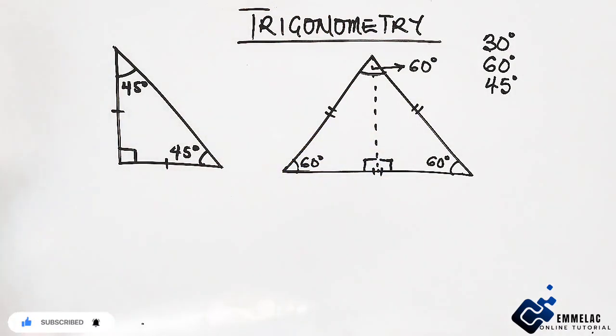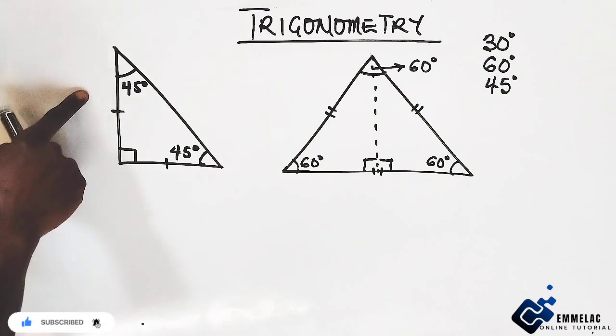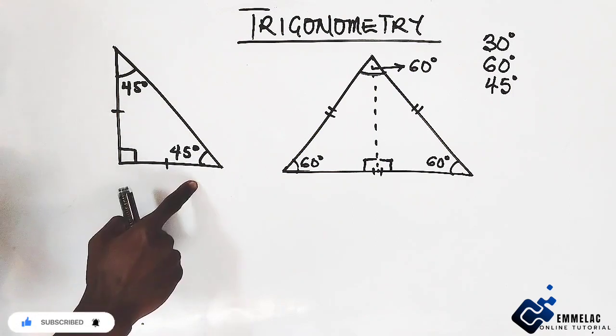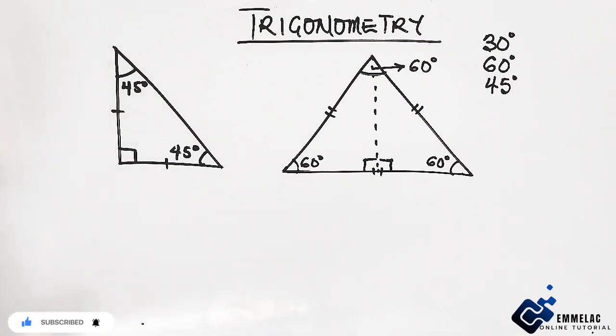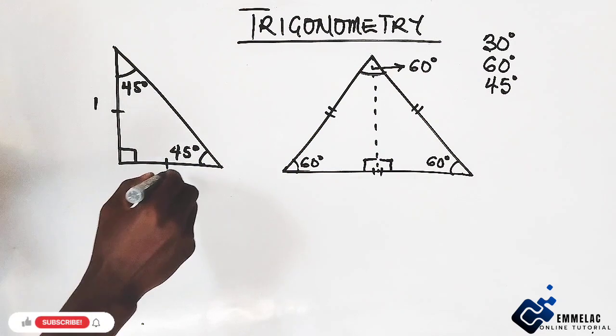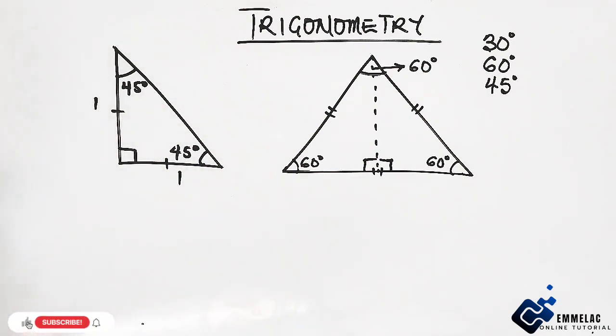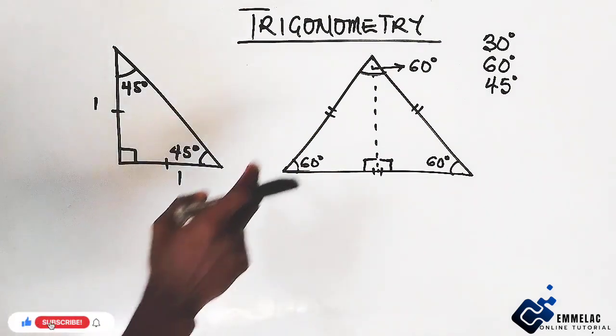Alright, now from this, let us derive the expressions or the formulas for trigonometry functions. If this side and this side are the same, we can represent it as one unit. Okay, now same thing here.